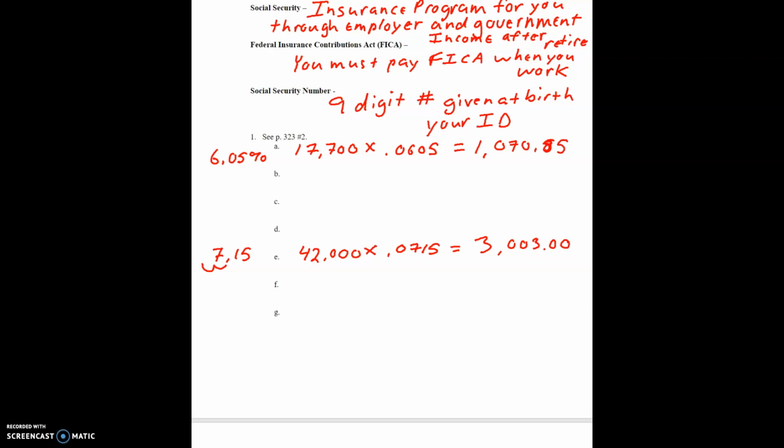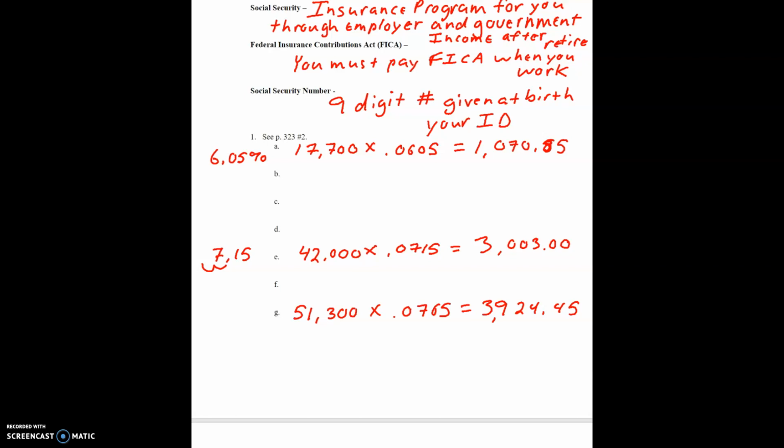And the last one there, let's do 1990, which is $51,300 times 7.65% as a decimal, 0.0765, gives us a dollar amount of $3,924.45. That's how much you would pay per year into Social Security and Medicare back in 1990.